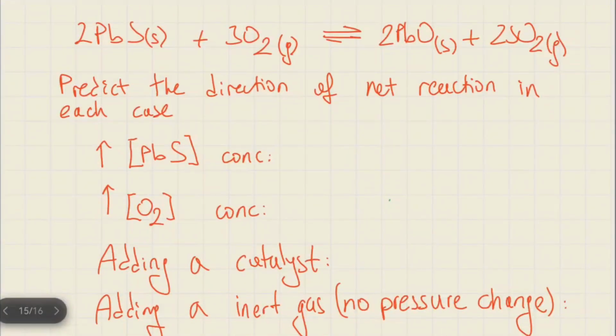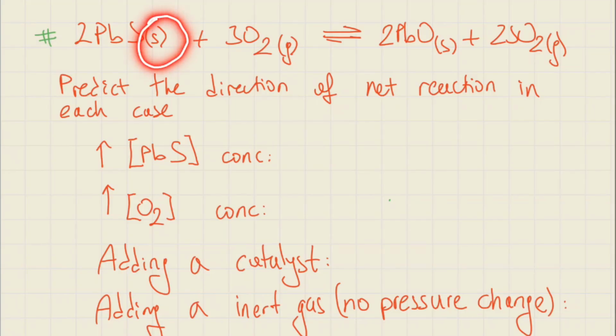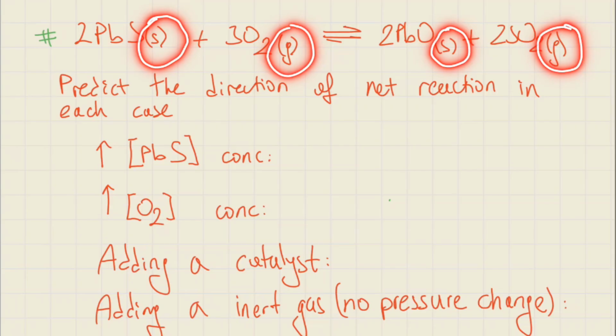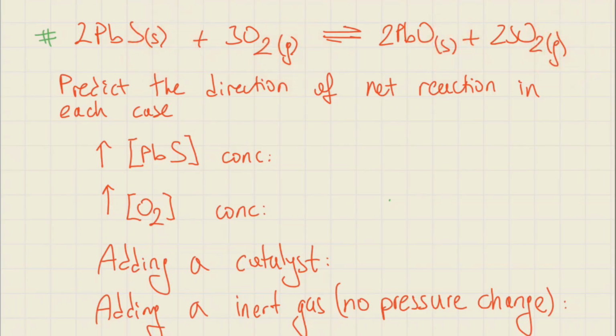I want to make another example. We have this reaction, so we have to be careful. This is a solid, this is gas, this is solid, and we have another gas. What happens if we increase the PbS? It's a solid, and as you remember from my previous video, the equilibrium constant does not include solids and liquids.